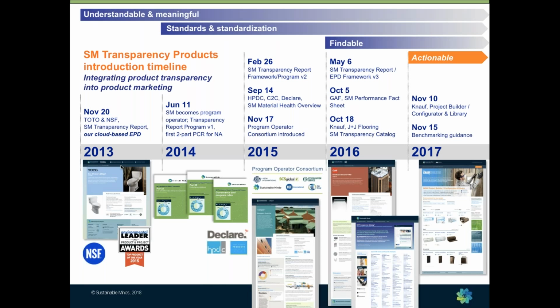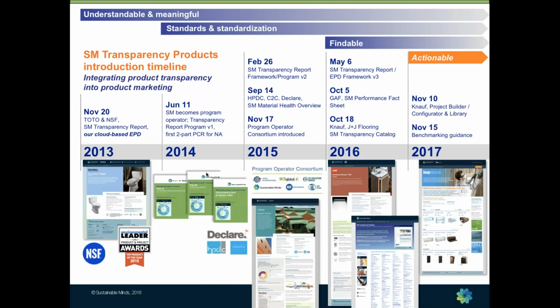Then we understood that in order to actually influence the industry to create better reports, we needed to become a program operator. So in 2014, we wrote our operating document and created our own technical program that Joep was the primary author of. Joep is a practitioner in Europe as well as in North America. There was the beginning of the trend to create two-part PCRs in Europe.